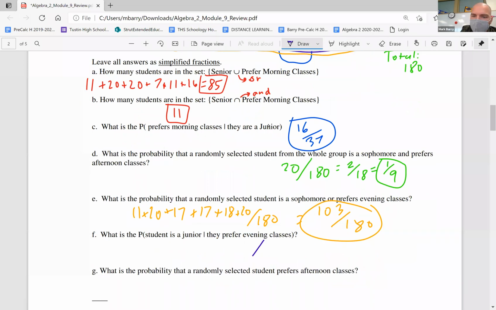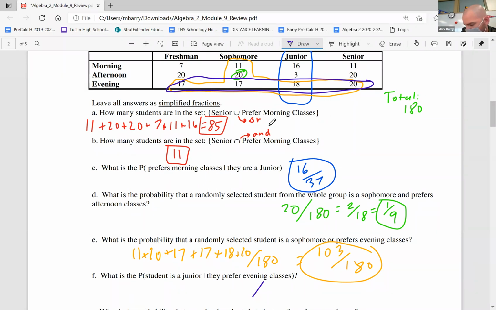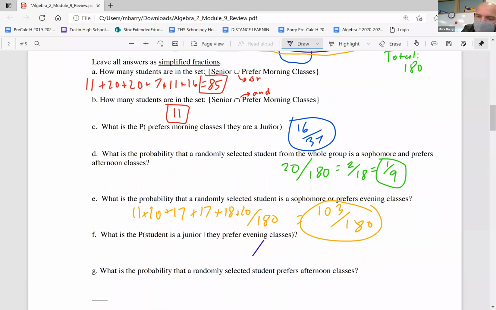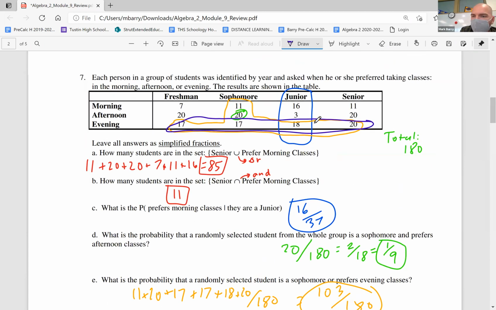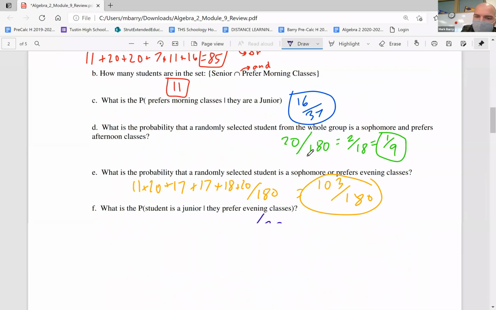And so our denominator is that whole bottom row, 17 plus 17 plus 18 plus 20. And that adds up to 72. And then the numerator is out of all that row only, how many are juniors? So that would just be the 18 there.